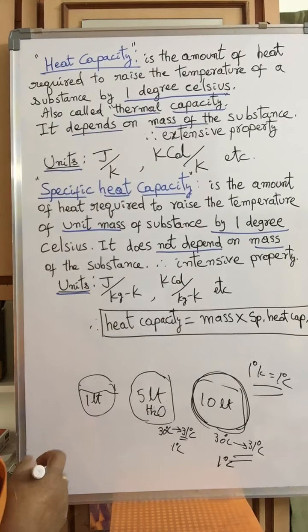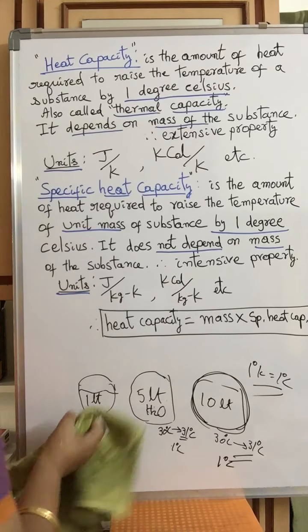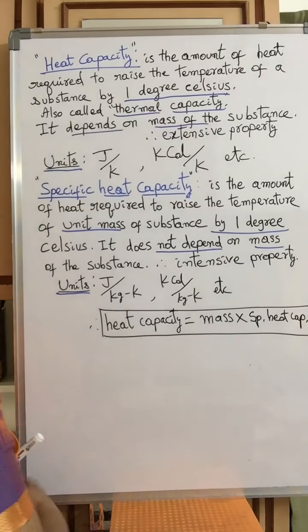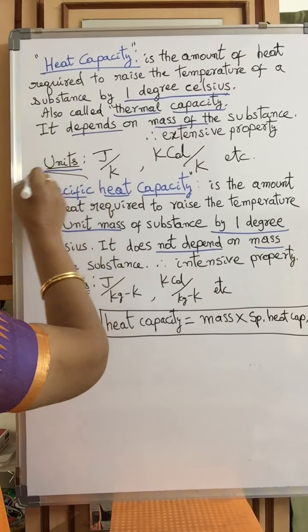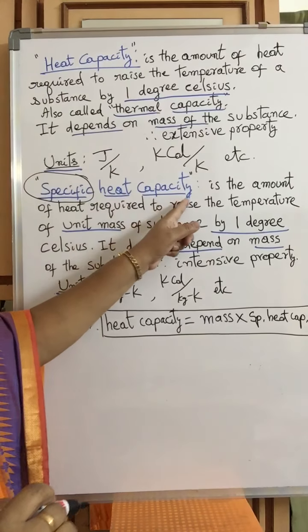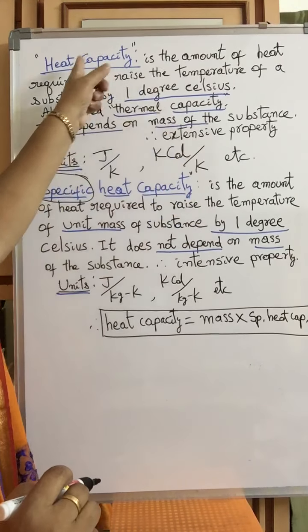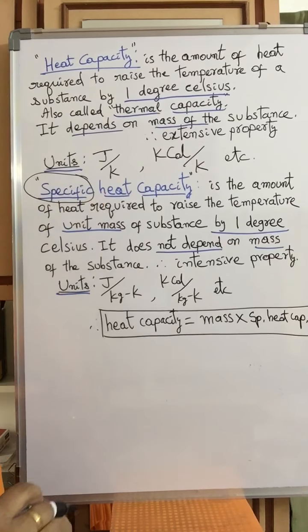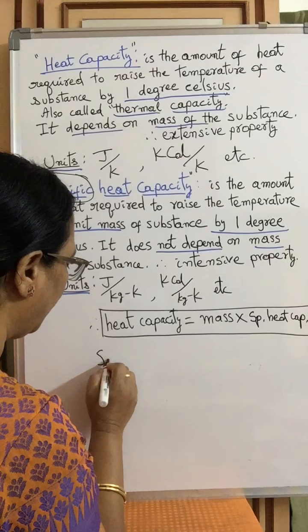Next, specific heat capacity. What is meant by specific heat capacity? We are adding the term specific to this heat capacity term, isn't it? Heat capacity we have already discussed, and we are adding the term specific. Normally, specific means what?